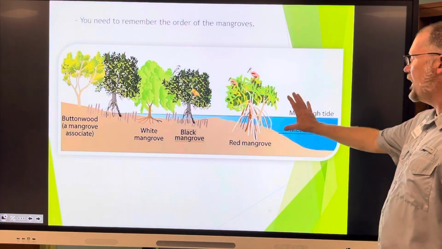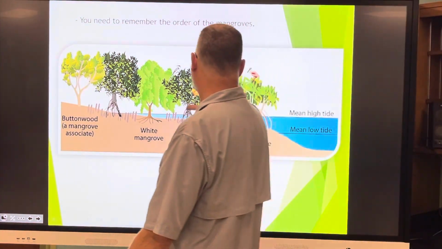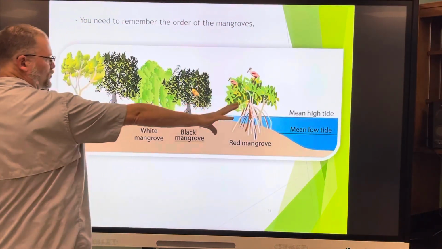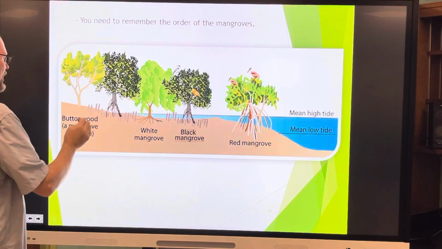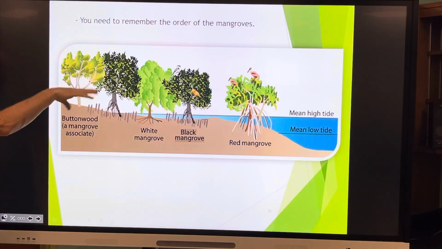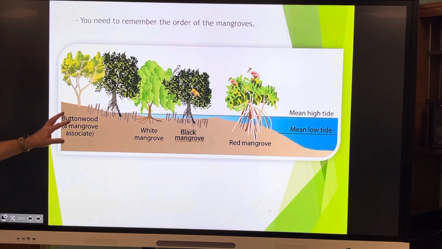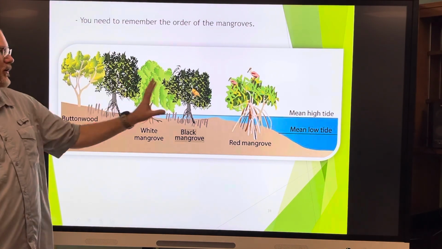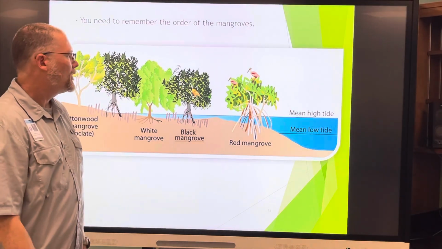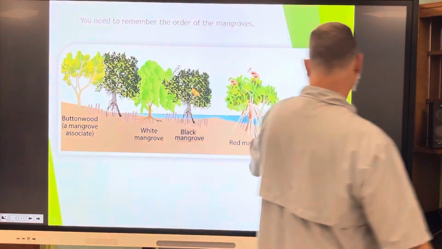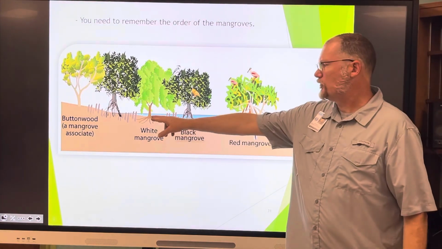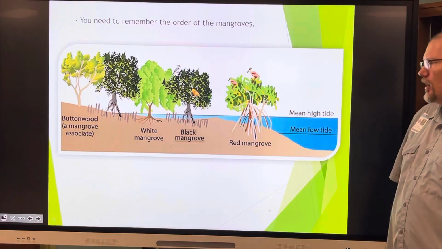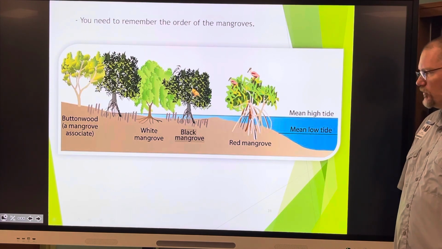And so here's a generalization of where you'd find them all. You've got the red mangroves, which are farthest out, the black mangroves, the white mangroves, and then you've got the buttonwood. If you see buttonwoods, you're usually going to see some of the other ones. You can see the mean high tide and the mean low tide where those would range. The white mangroves very rarely get covered by salt water, but once in a while.